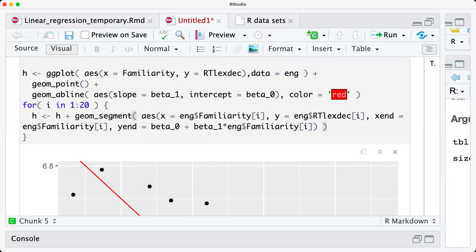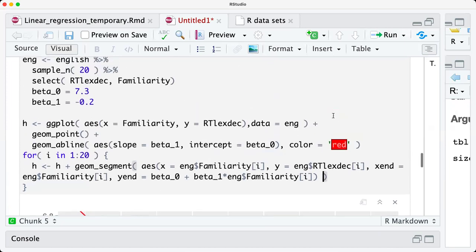Now this is correct, but there is something called lazy evaluation of the counter variable, so i doesn't get substituted into the function. It does it at the end of the cycle. So if we do it like this, it will plot only the last segment.